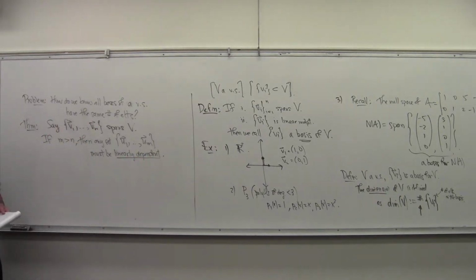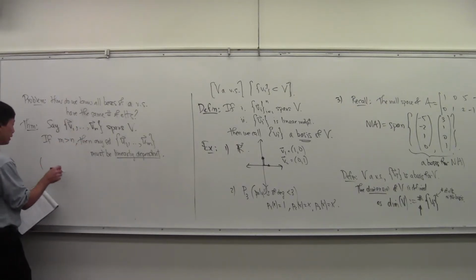Any set of vectors that has more vectors than the spanning set must be dependent. If you have more vectors than a spanning set, you must be dependent.